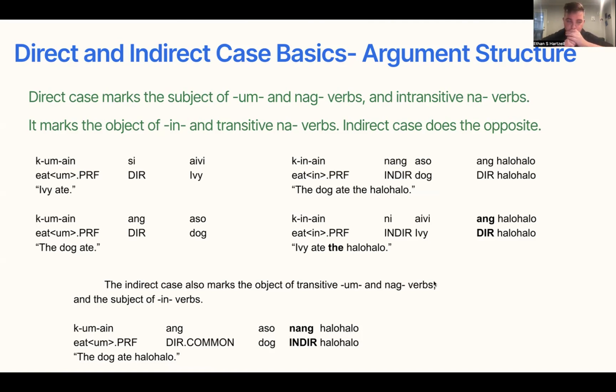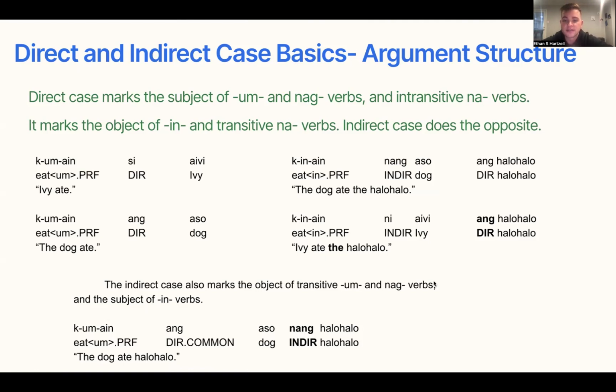So we have kumain si Ivy, Ivy ate, where Ivy is marked with direct case, and kumain ang aso, where aso, dog, is marked with direct case for the dog ate. But then within verbs, kinain ng aso ang halo-halo, the dog ate the halo-halo. And so the subject is marked with indirect case and the object is marked with direct case.